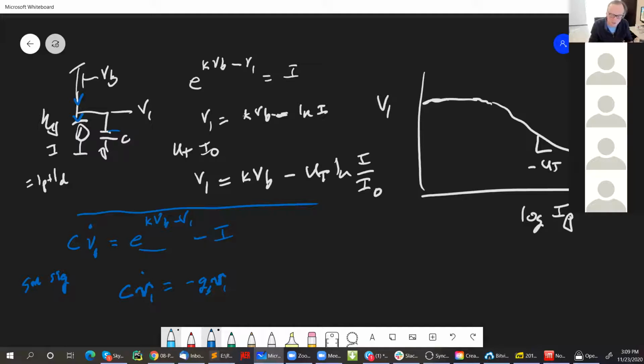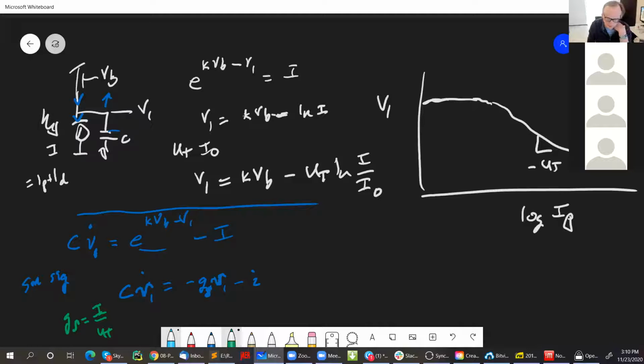It's just the change from the DC operating point. So GS is the source conductance. There's no other conductance that matters here. Minus I. And it's a minus GS, right? If V1 goes up, then the current through this top transistor decreases. That's why the conductance is negative. And remember, GS by definition here is I over UT. That's the subthreshold source conductance.